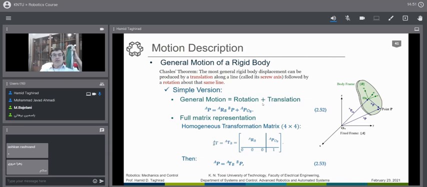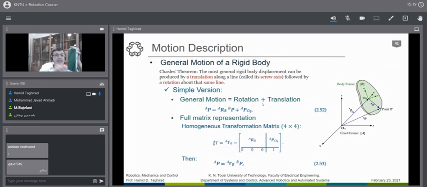We take a snapshot from here. As we mentioned before, we put a coordinate frame on it, and we just forget about the rigid body and talk about the coordinate frame. So the coordinate frame, which is along these three axes here, has moved both translationally and rotationally. And this is instantaneously being changed.